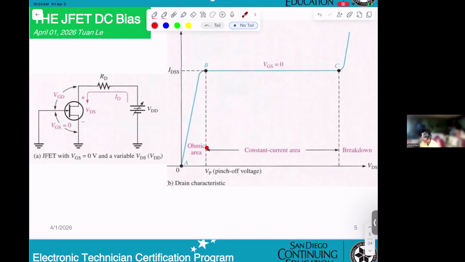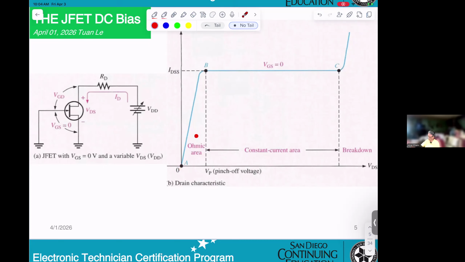Looking down, that will be VP, the pinch-off voltage, and on the left you get the current ID, which you call IDSS. At point B, the current will be constant, and keeps constant up to the point where, with more VDD, you get a breakdown.